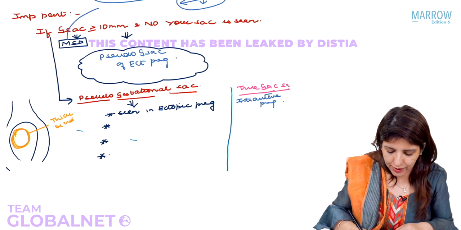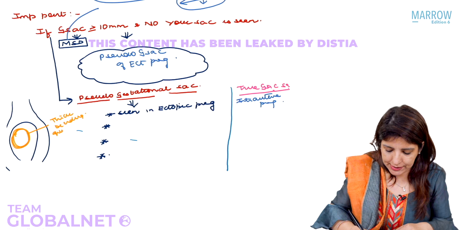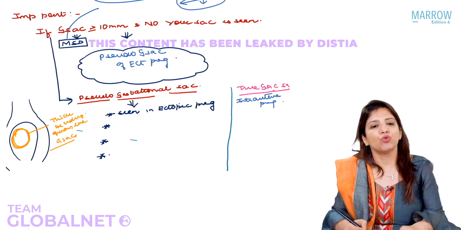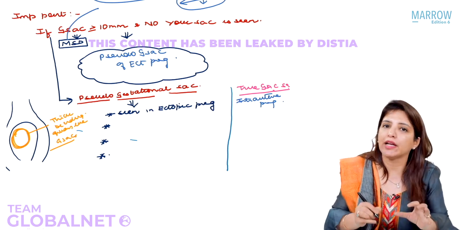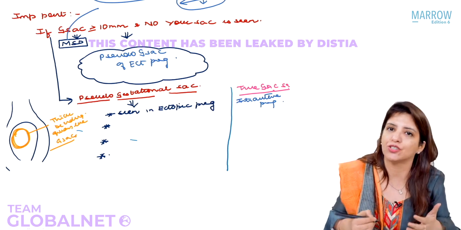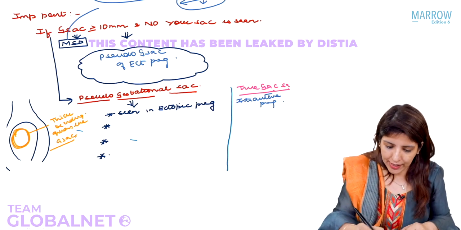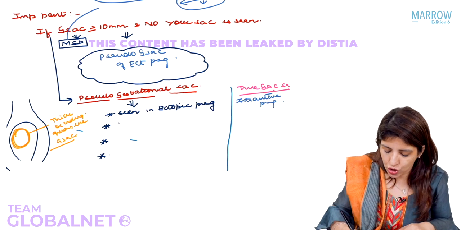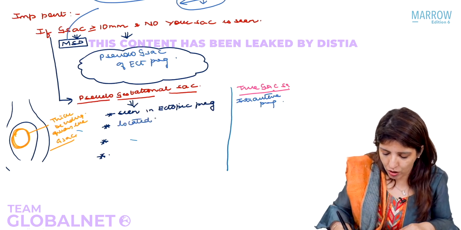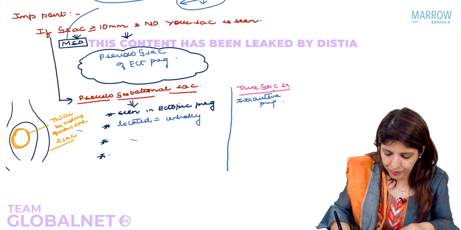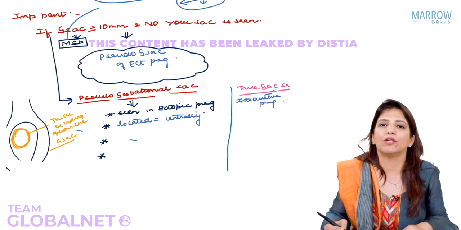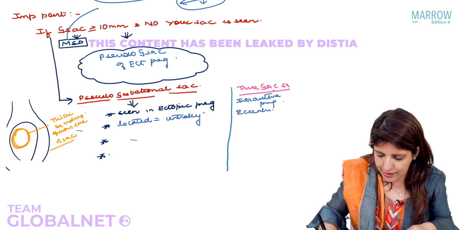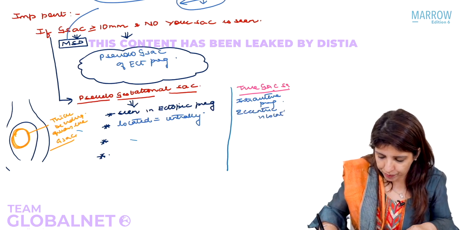It is the thick decidua which appears like a gestational sac. Right? So, pseudo-gestational sac is nothing but the thick decidua which is appearing like a gestational sac. Now, in case of ectopic pregnancy, the pseudo-gestational sac is always located centrally. Whereas, just now I told you some time back that a true gestational sac is always eccentric in location.